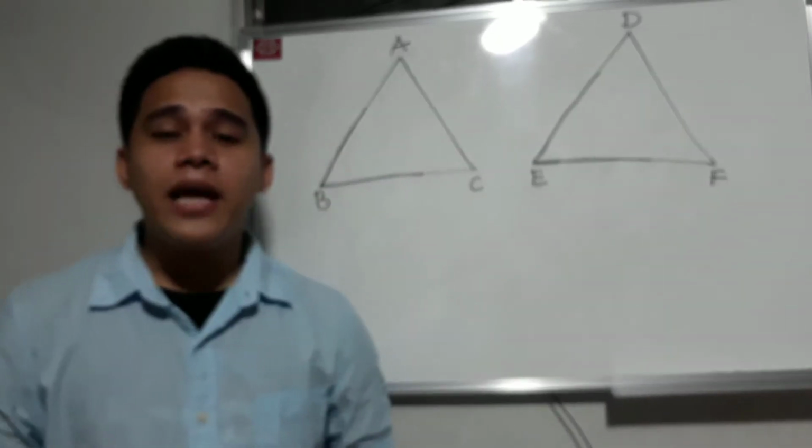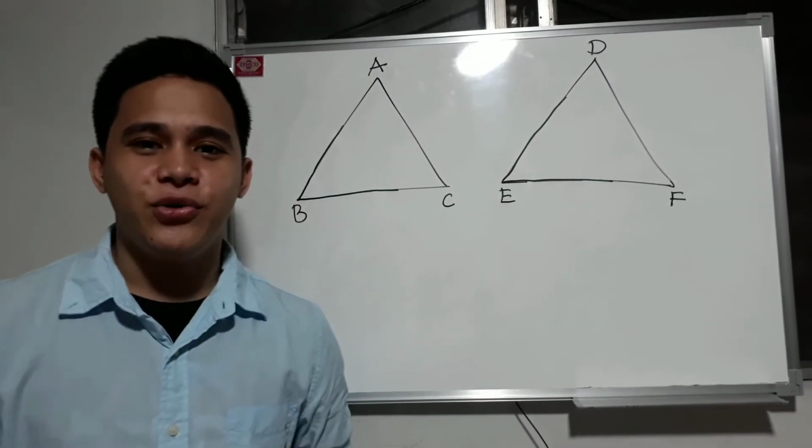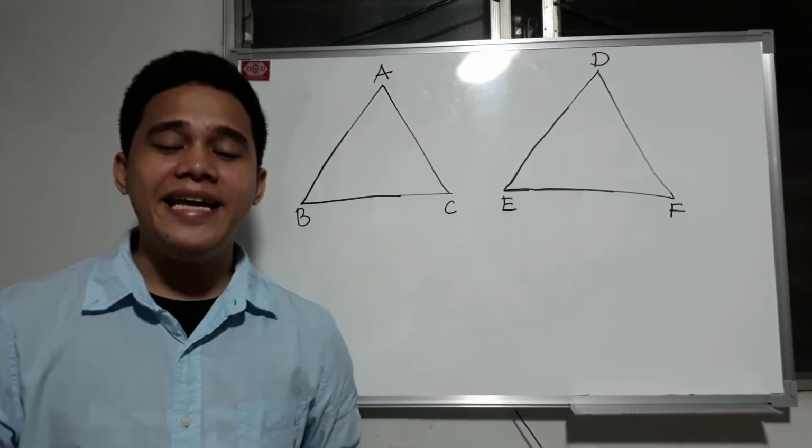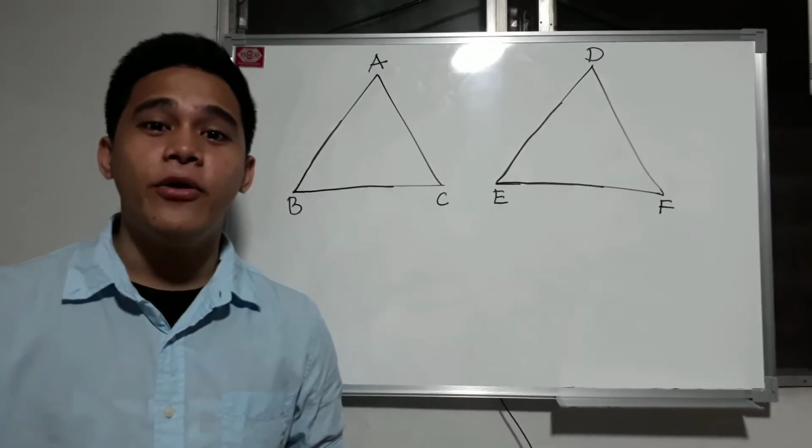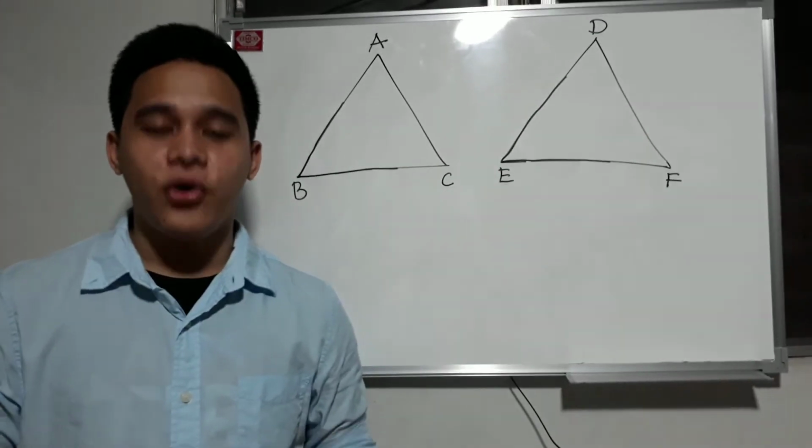Moving on, the next postulate in triangle congruence is the side-angle-side congruence, or simply known as SAS congruence.